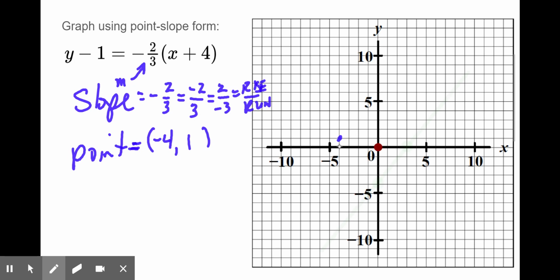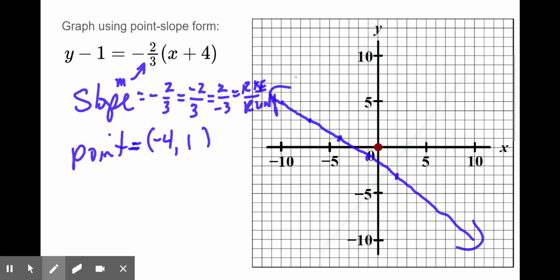I'm going to go down 2, 3 to the right, down 2, 3 to the right, or I could go up 2, 3 to the left. And if I make my points, I have my line.